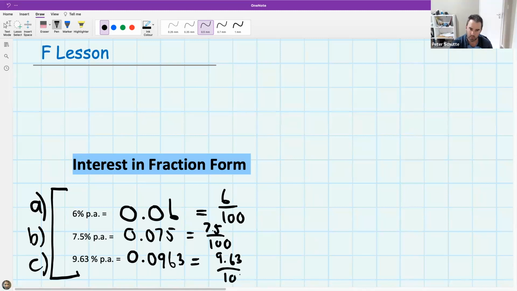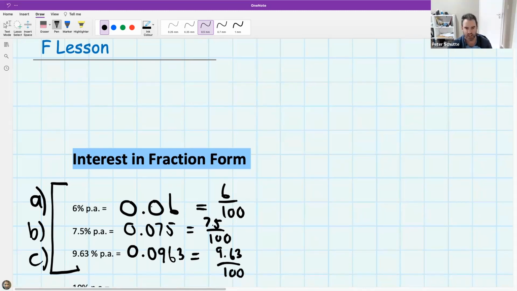So what I want to show you is if you're writing these percentages as fractions, if you use decimals, then 0.06, or what you can do is you take the percentage and you just take the number and put it over 100. Either of these can go into your calculator and they will give you the correct answer. So both of these are valid when you talk about this 6%.